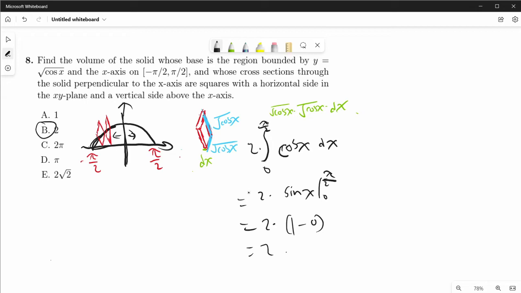Sometimes I'm cautious about negative pi over 2 to pi over 2 bounds, because you might get something like cosine of pi over 2, which is 0, and then cosine of negative pi over 2 is also 0. So you might end up with 0 minus 0, which doesn't really make sense.